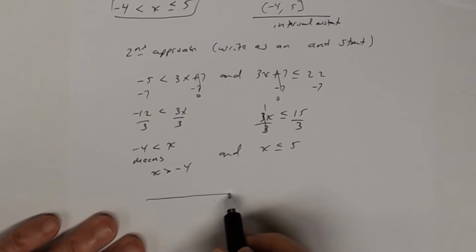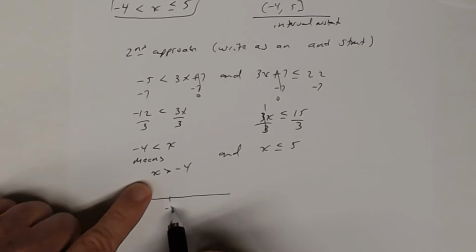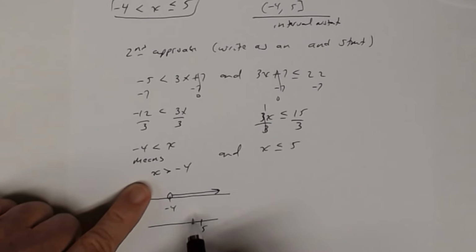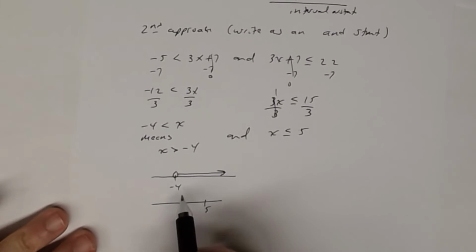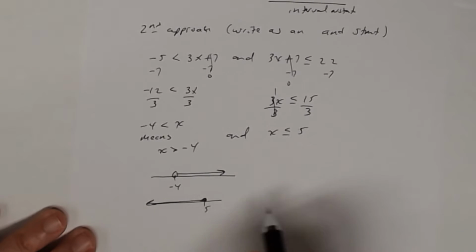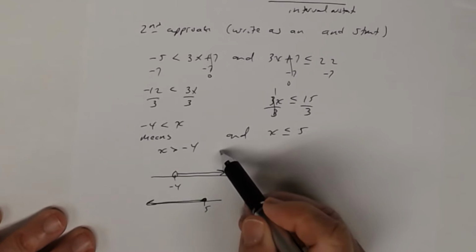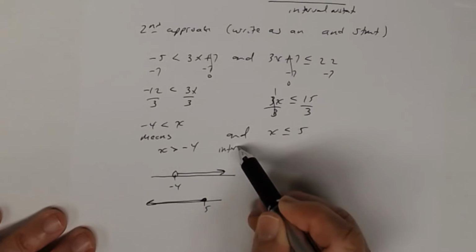So if you're going to graph each of those individually, what you have is this. So here's -4, open circle going to the right. And then here is 5. Make sure you put 5 in the correct place according to -4. So 5 is to the right of -4. Closed circle going to the left. And from our previous experience, we note that this and right here means intersection.